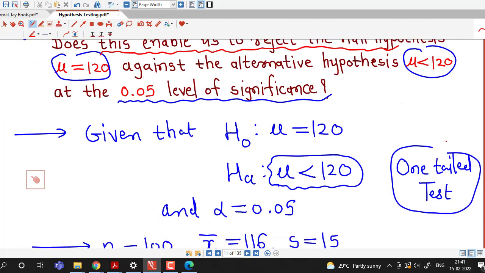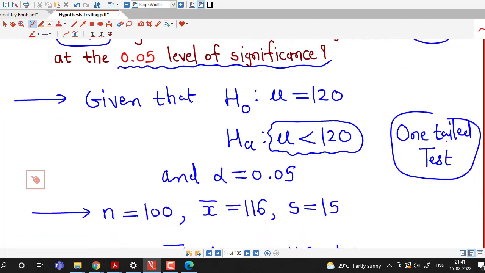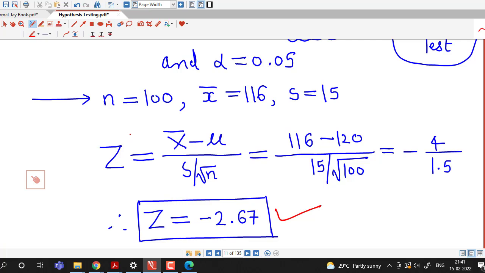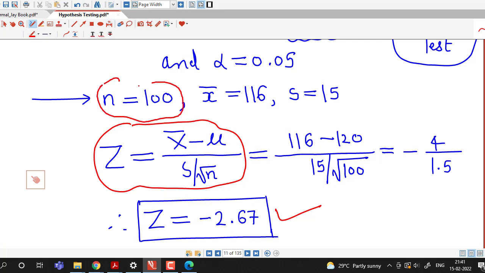The method is simple. You just have to first decide what the null and alternative hypotheses are. Here they are already given. Then you have to decide which test statistic is appropriate for the given problem. Here the sample size is large, therefore we are using the Z statistic.